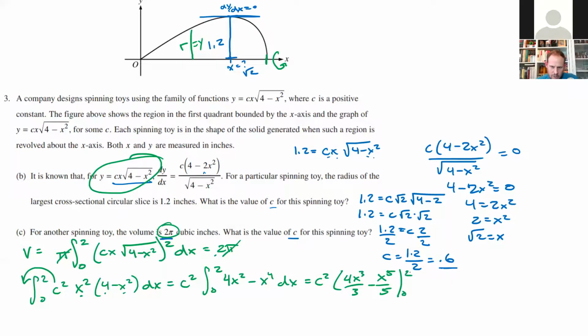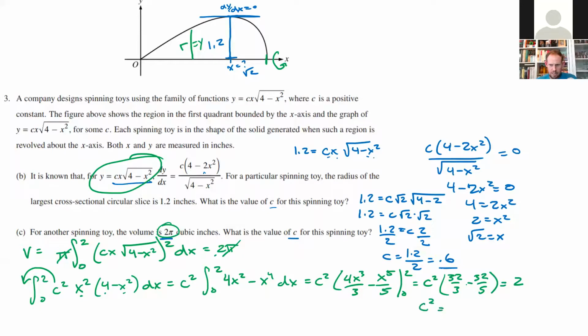If we plug in 0, it's going to be 0. If we plug in 2, we're getting c squared times 8 times 4 is 32 thirds minus 32 fifths equals 2.